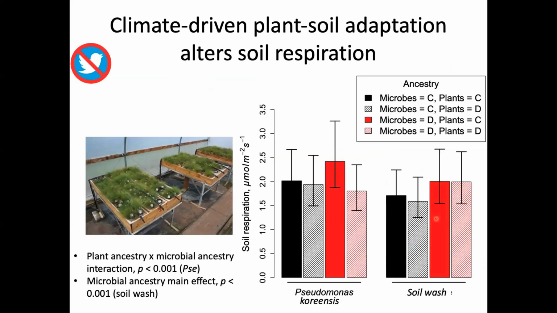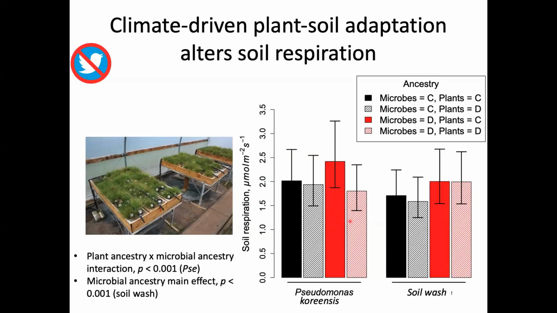And one really cool result that came out of that was that some of the ecosystem processes depend not only on plant adaptation and microbial adaptation, but on an interaction between them. So soil respiration, for example, is increased when microbes come from the drought plots.